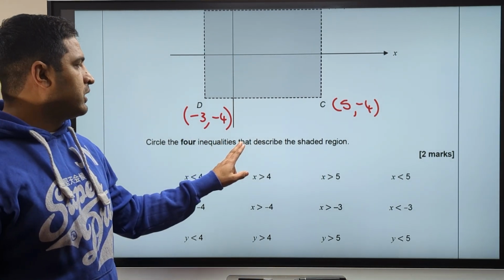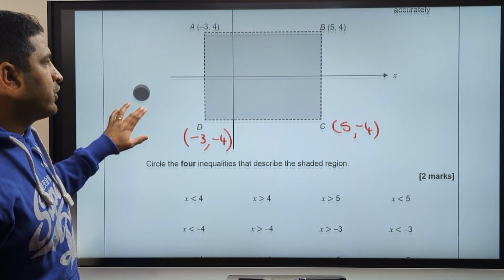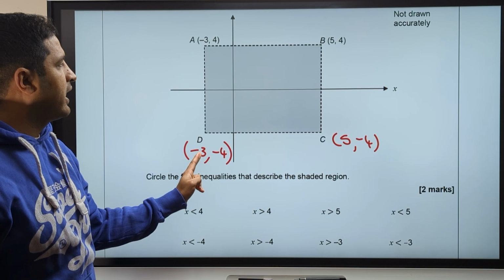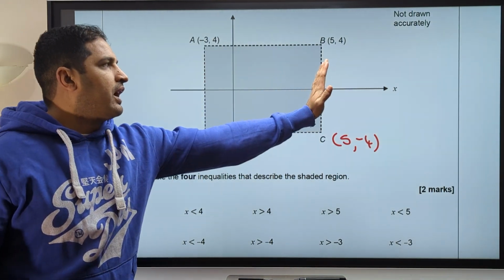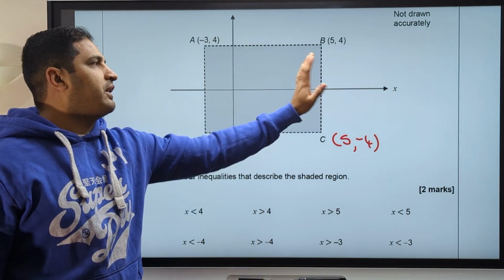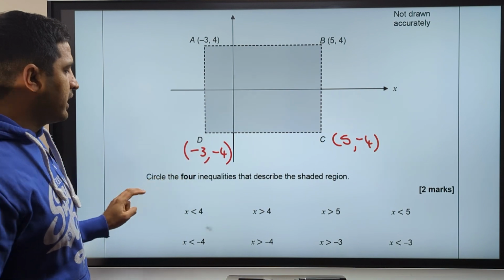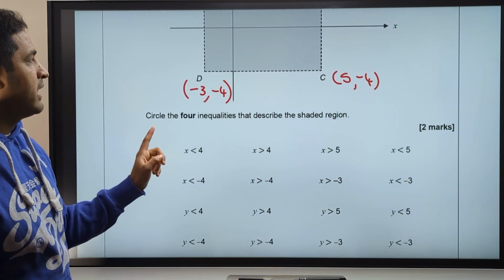Circle the 4 inequalities that describe this shaded region. So for the shaded region we need to work out, okay, you want your x value to be greater than negative 3, this side. You want the x value to be on that side and on this side, between negative 3 and 5. You want x to be bigger than negative 3. So let's see which one has x being bigger than negative 3.